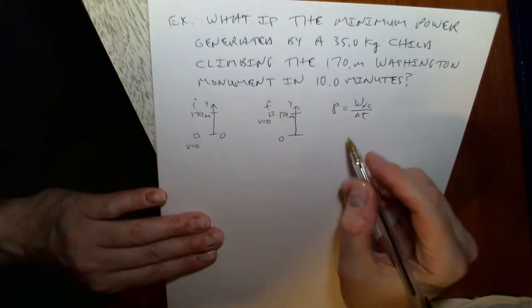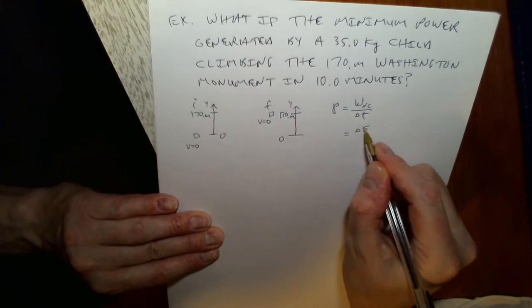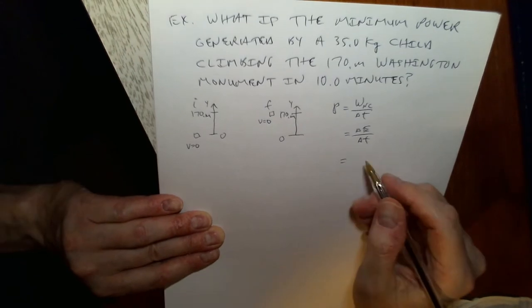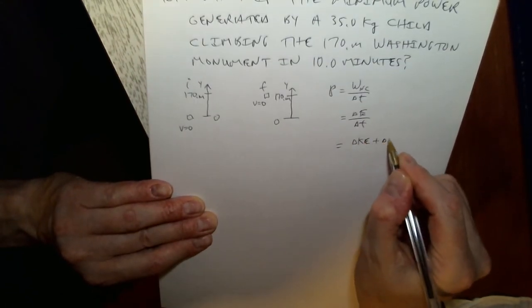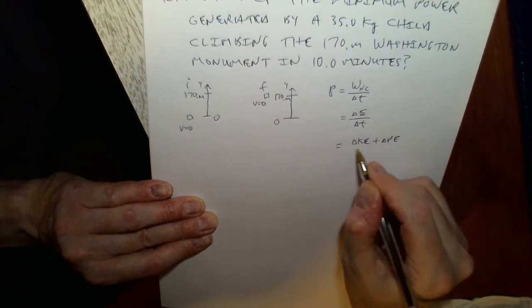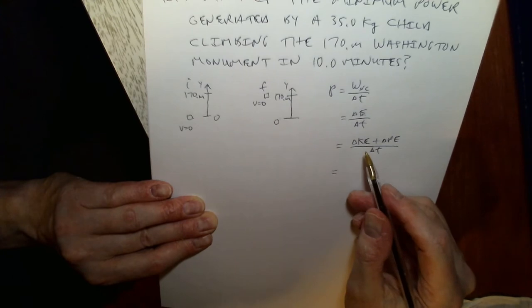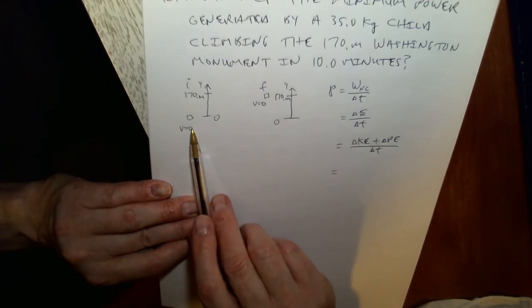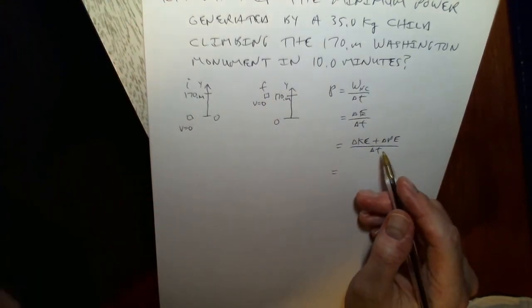Right, so the non-conservative work is the change in total energy. The change in total energy is change in kinetic plus change in potential. The kinetic energy doesn't change, right, because the child's at rest to begin with, child's at rest at the end, at least as far as what we care about.